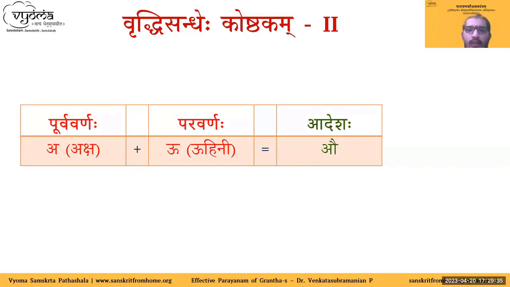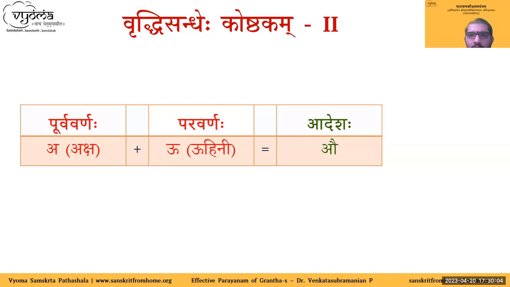Now coming to the other rules or the special cases of Vriddhisandhi, there are predominantly another three rules in Vriddhisandhi. The second rule, that is the first case in the special rules. So here the purvavarna will be akara, the paravarna will be ukara.